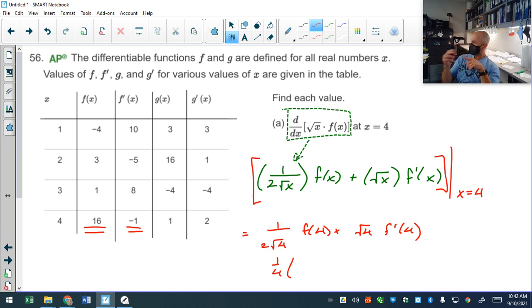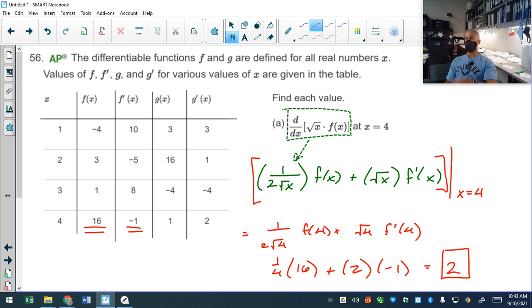One thing you have to be careful with on these is when you have these huge tables of values, it's very easy to accidentally look at the wrong spot and just write down the wrong number absentmindedly. So be absolutely certain you're looking at the right spot. So f of 4 is 16 plus the square root of 4, which is 2. F prime of 4 is -1. And that cleans up to 4 minus 2, which gives you a final answer of 2.